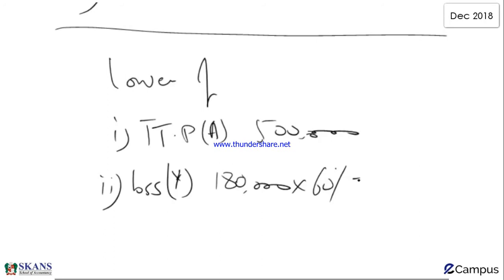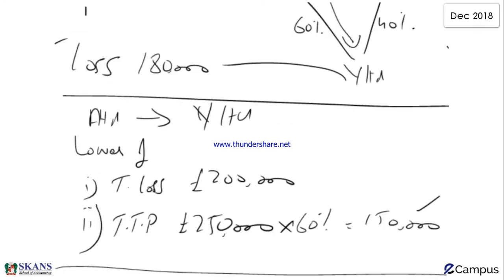So we can only claim up to a maximum of 60% of this loss. So 180,000 into 60% would be 108,000. So the maximum loss which could be surrendered upwards by the consortium company to the consortium member would be 108,000 in this particular scenario.